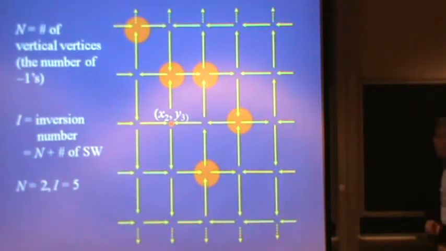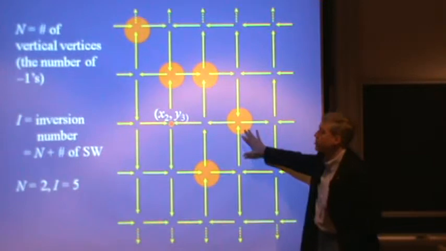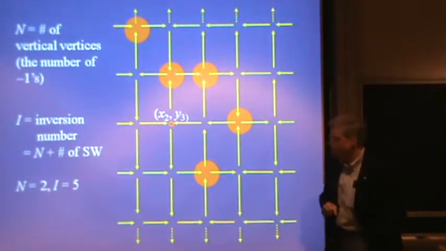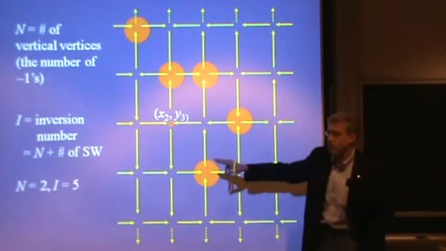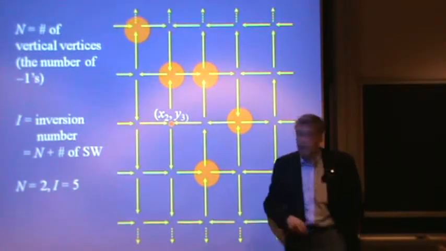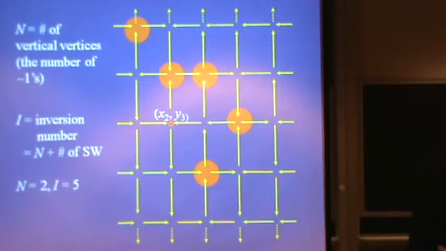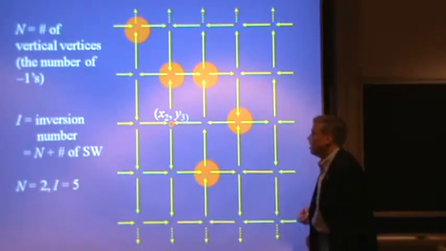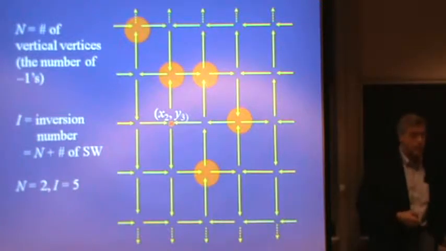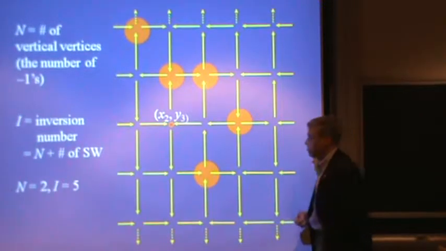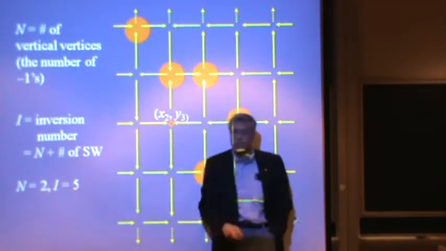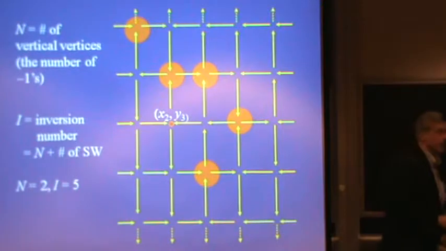There's certain natural parameters and weights that we want to put on a 6-vertex model like this. We'll let capital N be the number of -1s for this particular configuration. N is equal to 2. And the alternating sign matrices are a natural generalization in many respects of permutation matrices. And there's a natural way of defining the inversion number for an alternating sign matrix, and one way of defining it is as the number of -1s plus the number of southwest vertices.